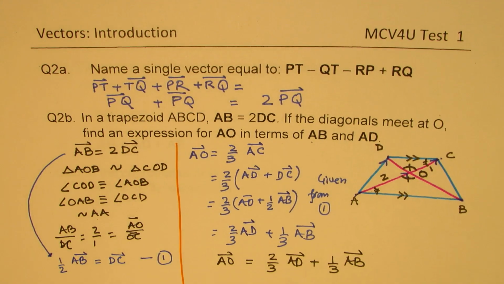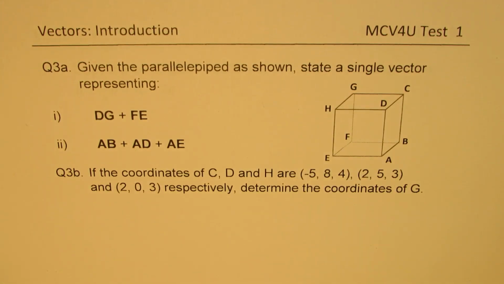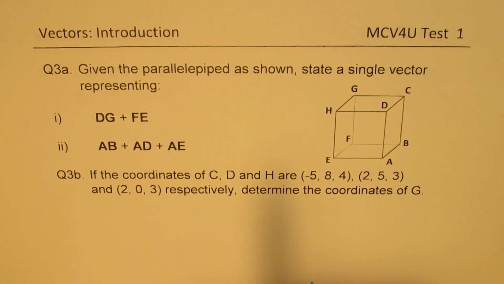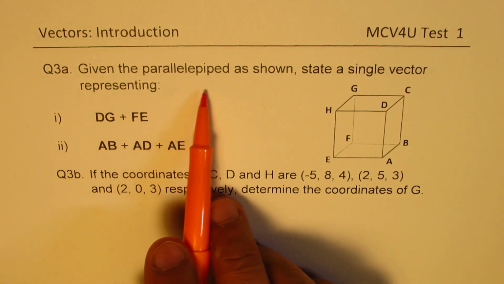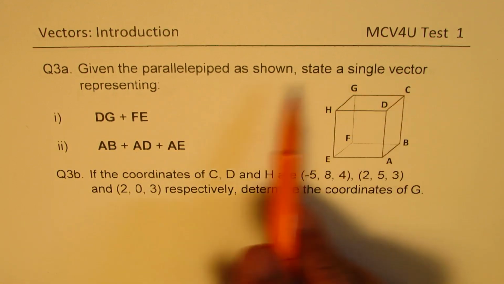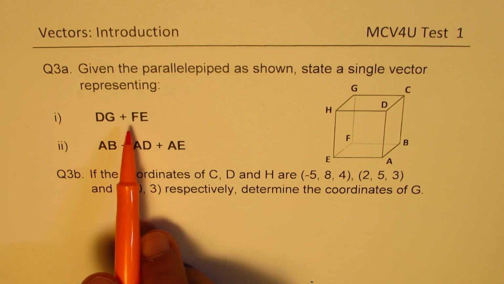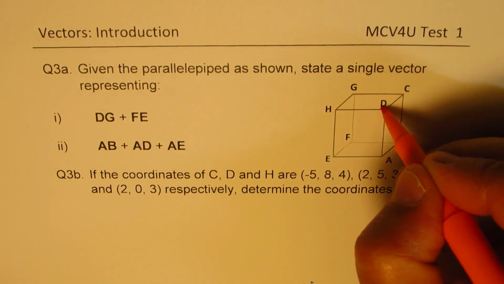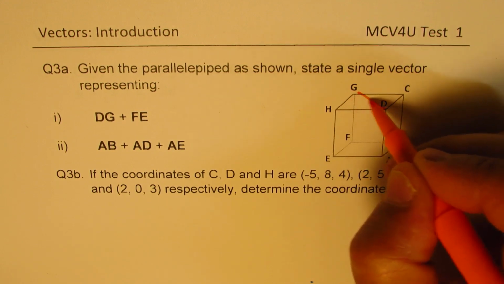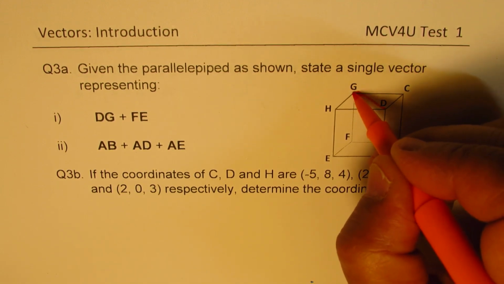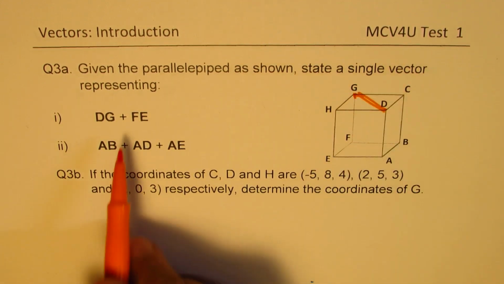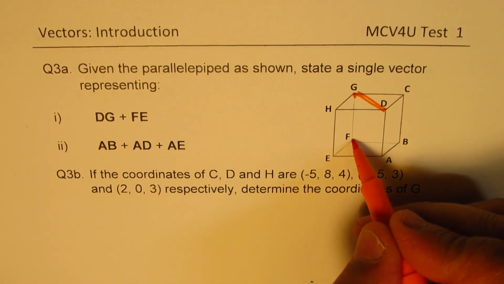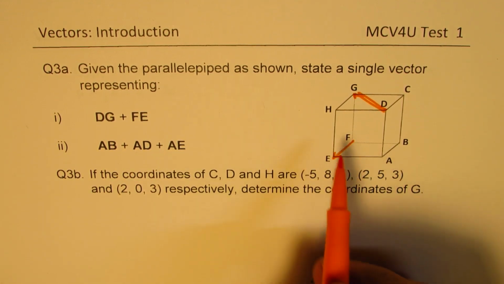Let's move on and take question number 3. Question 3a. Given the parallelepiped as shown, state a single vector representing DG plus FE. So from D to G, we go like this, okay, and we have to add FE.